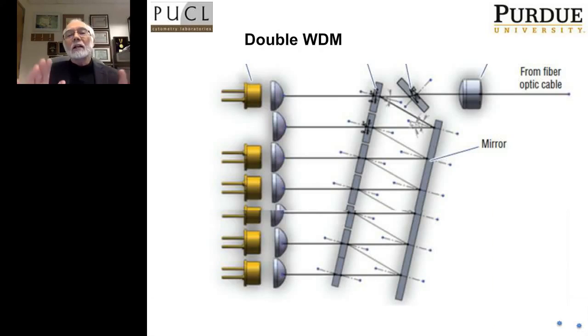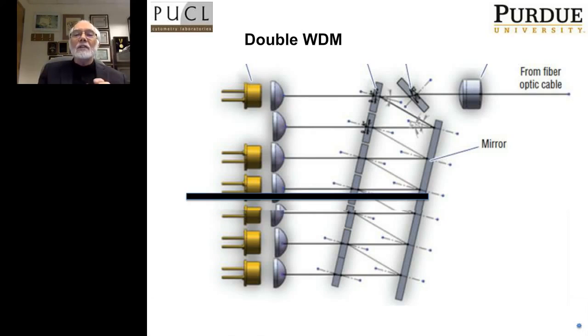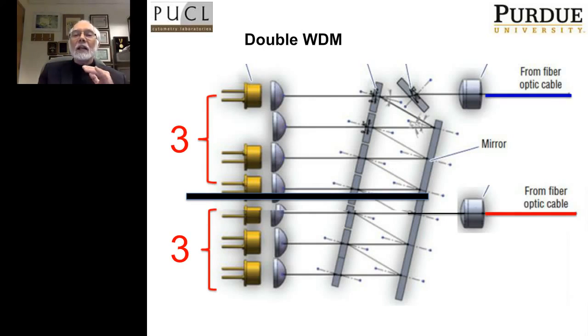So let's, well, I will show you one more thing that's related to that. And this is the same diagram that I showed before. Well, almost the same diagram, but I've made a slight difference in this diagram. You'll see at the top there's a single fiber optic coming into it, but in fact this is where the split is that I was showing you. So I've just drawn a black line there that sort of creates 2 separate mirrors. Instead of this mirror being 1 piece, it's now 2 pieces and is blocked. And so now I can bring a second fiber into this system.